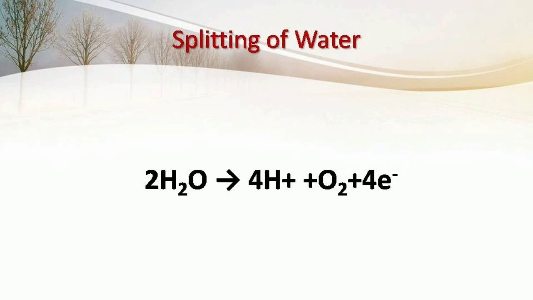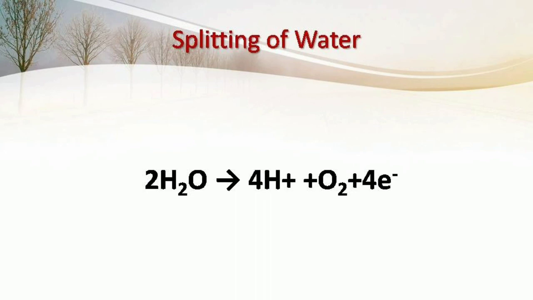The electrons lost by photosystem 2 are replaced by a process called photolysis, which involves the oxidation of water molecules, producing free electrons and oxygen gas. This oxygen gas is a byproduct of photosynthesis.